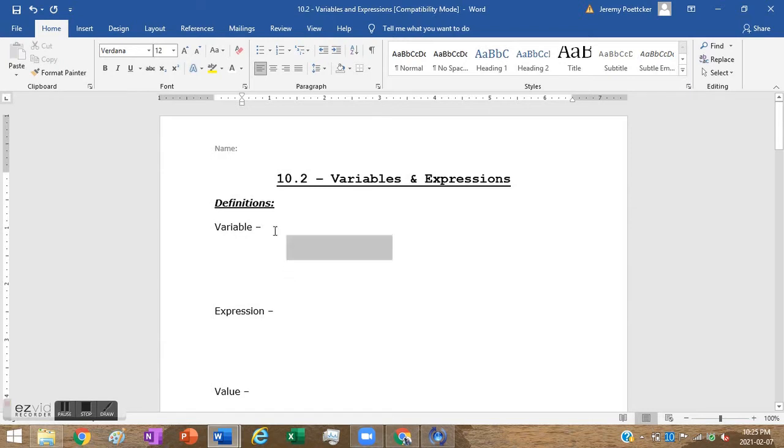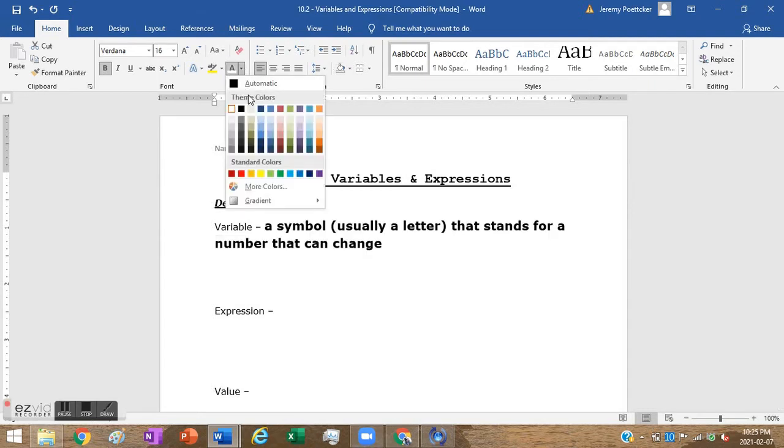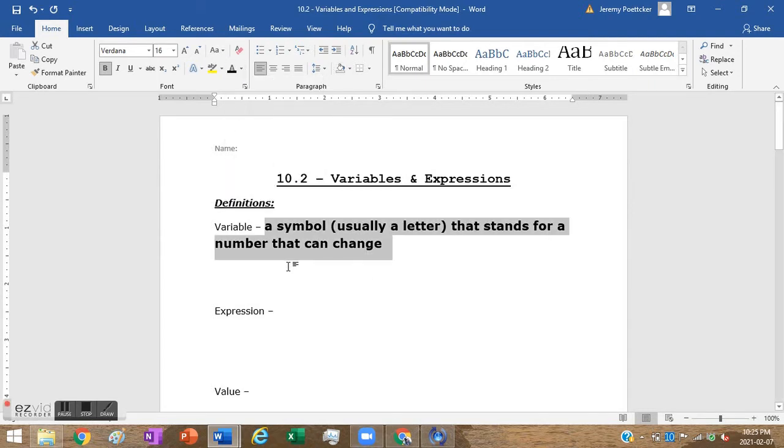So, variable. Variables, quite simply, are some kind of a symbol. Usually it's a letter. I guess you could use a triangle or a square or something like that, but usually a letter that stands for a number that can change.